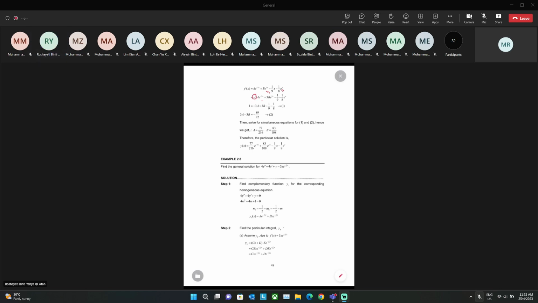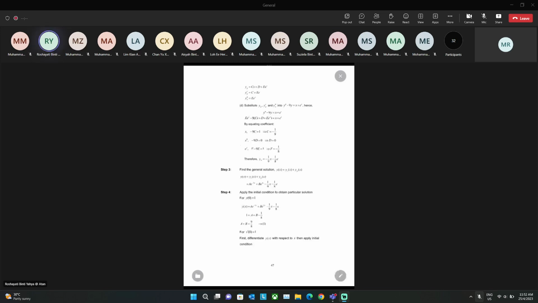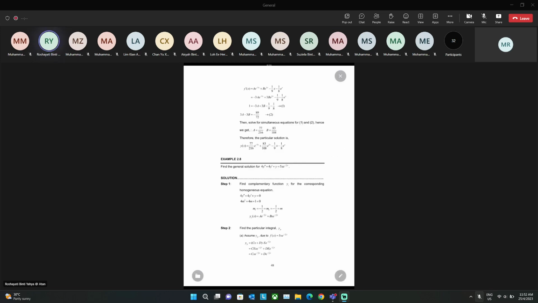Wait a moment. This part, A plus B is 9 over 8. Substitute the value. Y prime, it seems I wrote this wrongly.